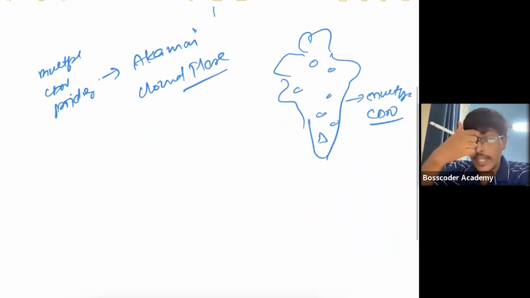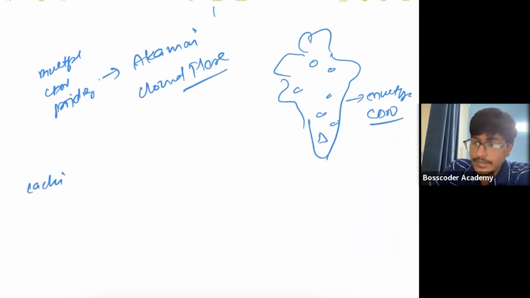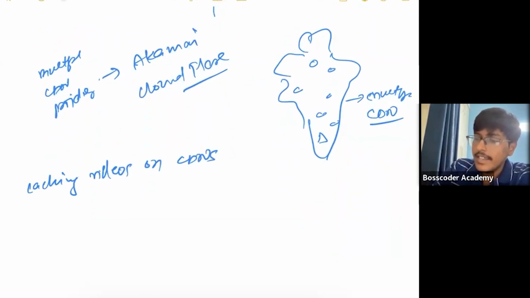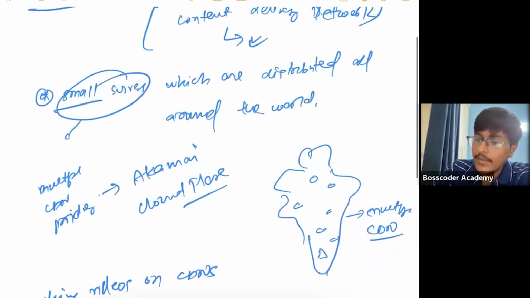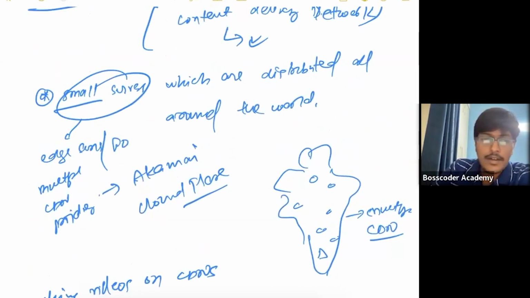Now, what you can do is cache these videos on CDNs. These small servers are essentially known as edge servers or point of presence, POP.